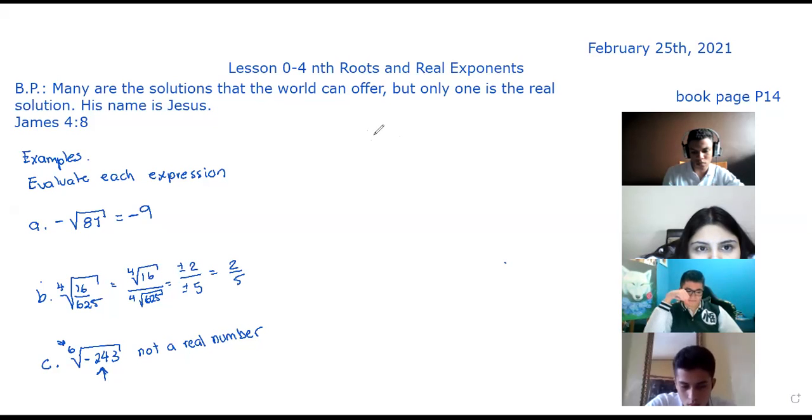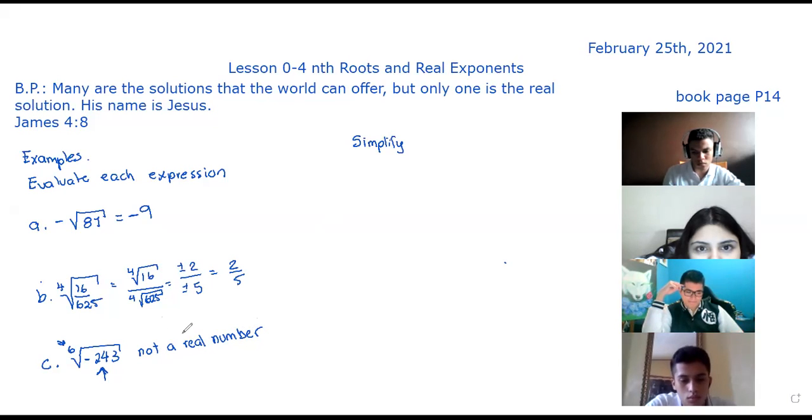So when do we know when to leave the answer as an imaginary number and when to put not a real number? Well, in this particular case, for matter of time, we're going to write it as not a real number.